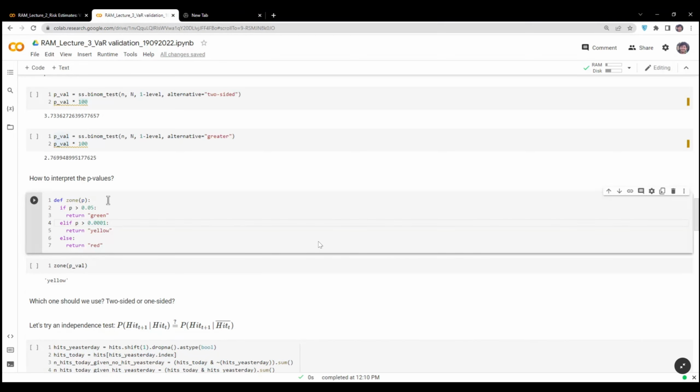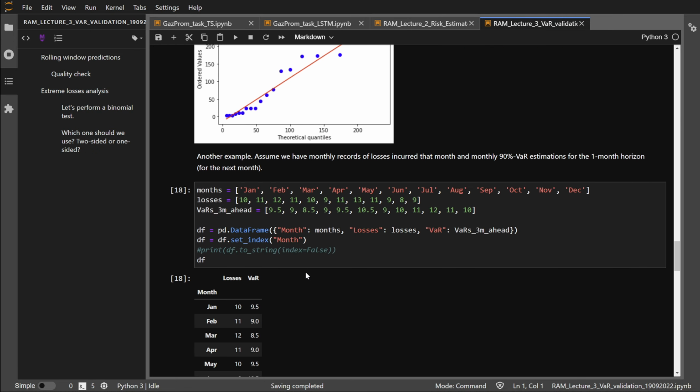If the p-value is small, but not too small to think the number of hits is so great that it is absolutely impossible to observe them in the presence of the null hypothesis, then we put the model on quarantine and provide some adjustments, but still can use it in production.